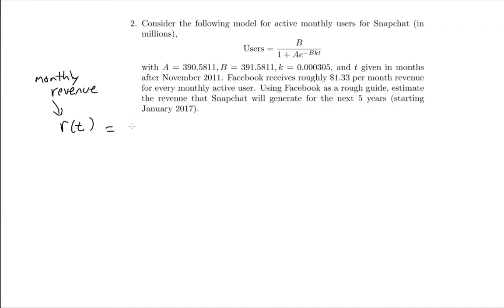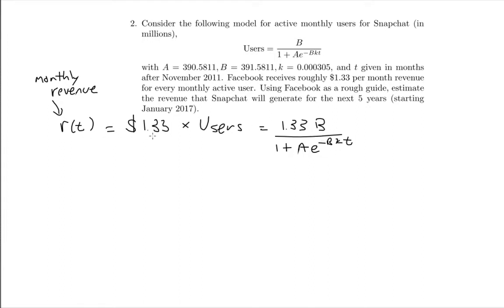What that is equal to is 1.33 times the number of users, which is equal to 1.33 times B over 1 plus A e to the negative B K t. Okay, so this is the monthly revenue as a function of time.